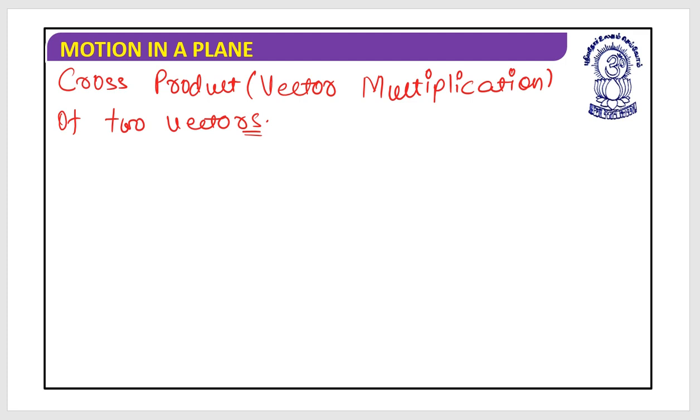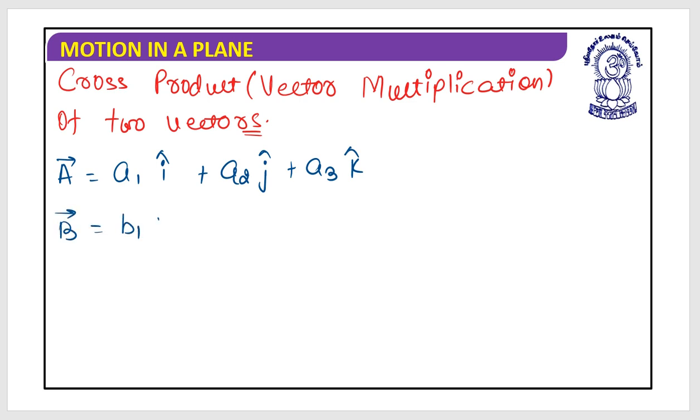So suppose vector a is a1 i cap plus a2 j cap plus a3 k cap, and vector b is b1 i cap plus b2 j cap plus b3 k cap. Yes, this is vector a, this is vector b.